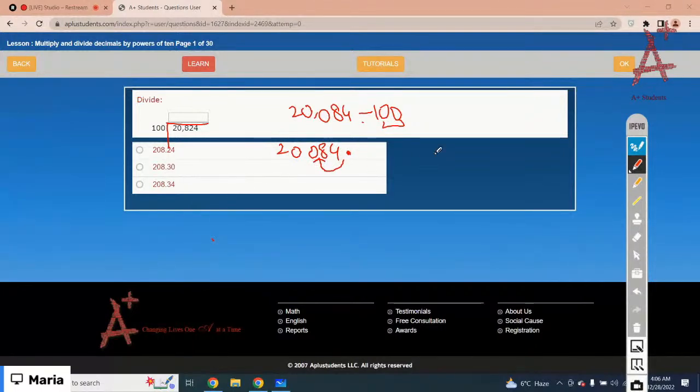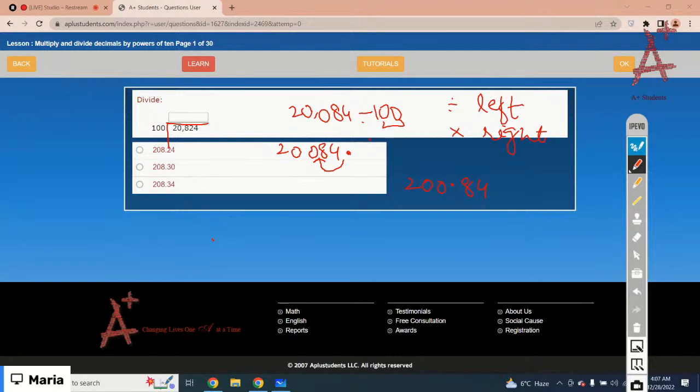Got it? For division, you always have to move the decimal point left, and for multiplication, you always have to move the decimal point right. Got it? For division, you always move left, and for multiplication, you always move the decimal point right. So it would be 208.24 when you move two places left. Got it? So just select the correct option.